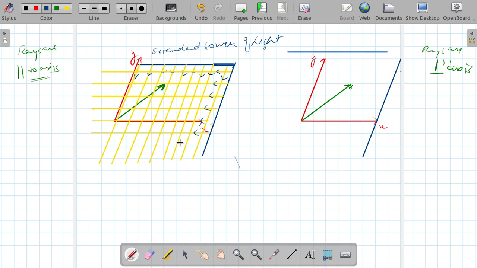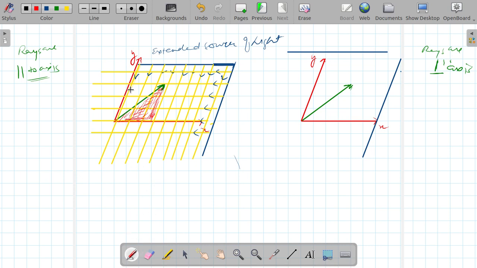So if this is happening, then what's going on? This is the shadow region which I am getting from this source of light.